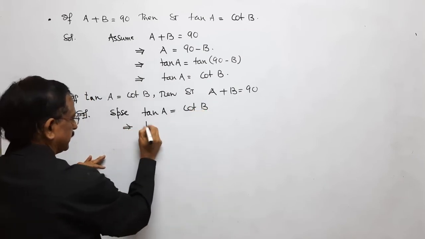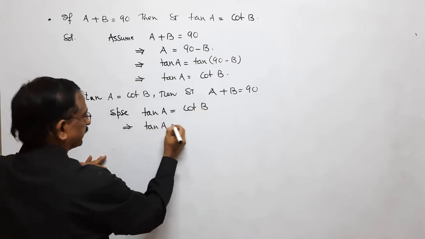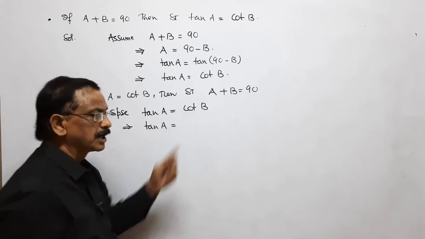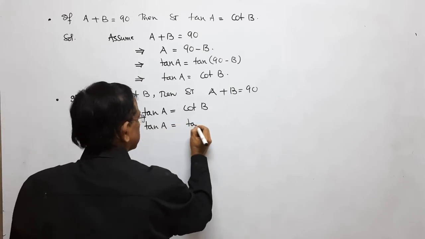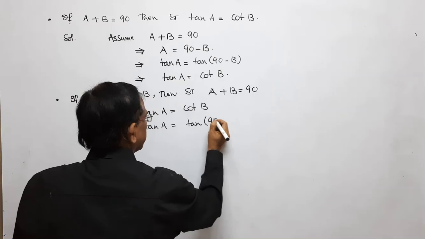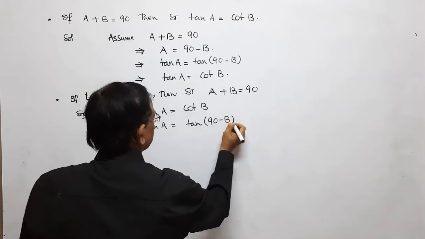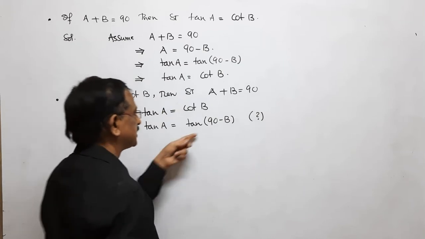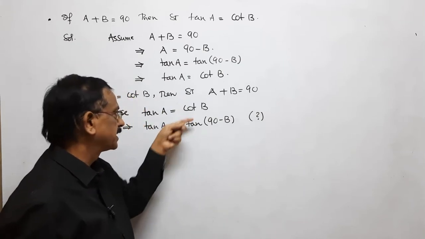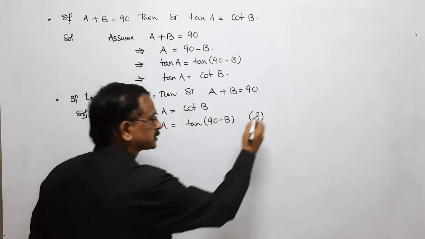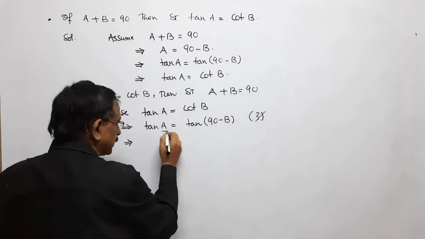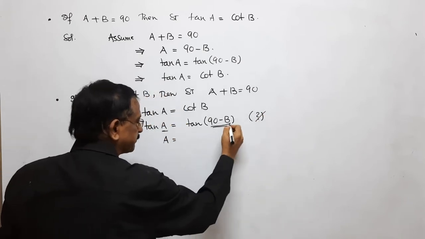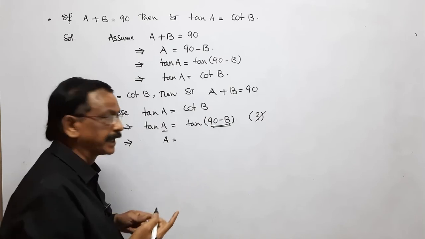This implies tan A is equal to cot B, which can be written as tan of 90 minus B. This is, I'll put a question mark. This is clear because cot B can be written as tan of 90 minus B. So this question mark is cleared. So this is A, this is 90 minus B. A and B are acute angles.